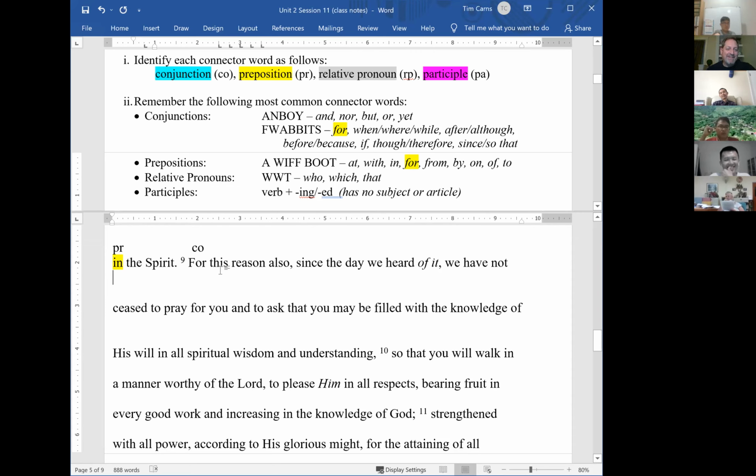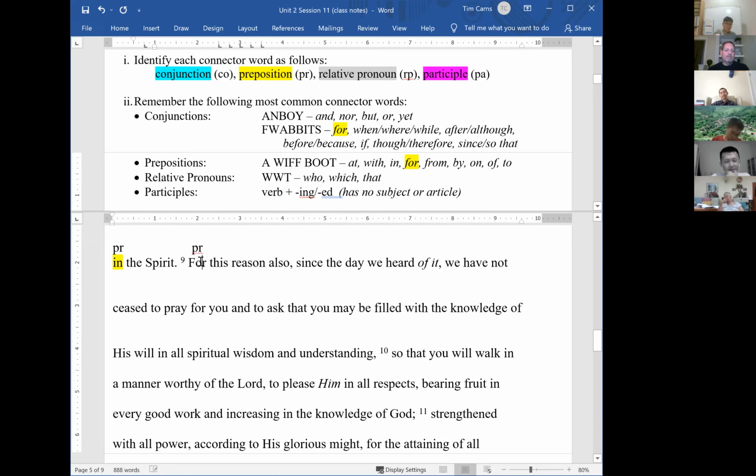I gave you this one. Technically, notice what is it? For this reason also. Do you see a verb here? No. So it looks like it's actually functioning like a preposition, right?